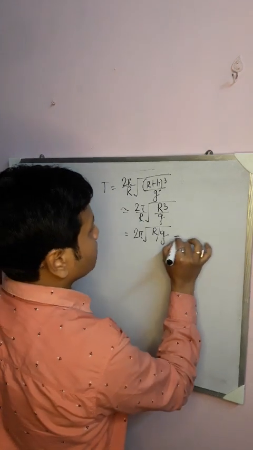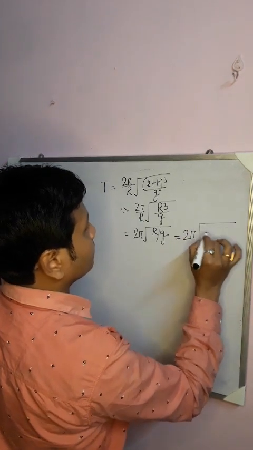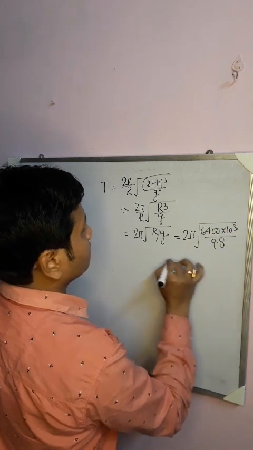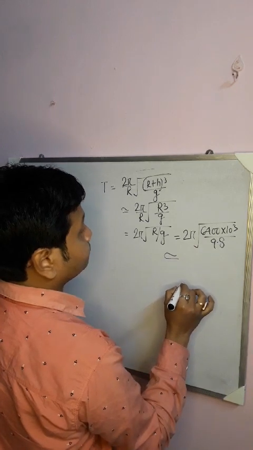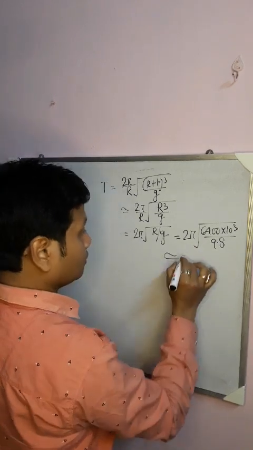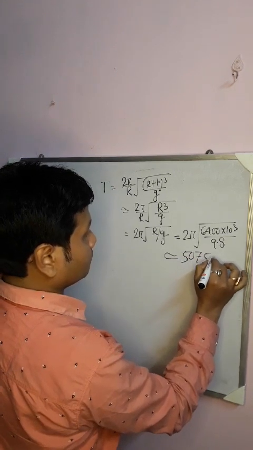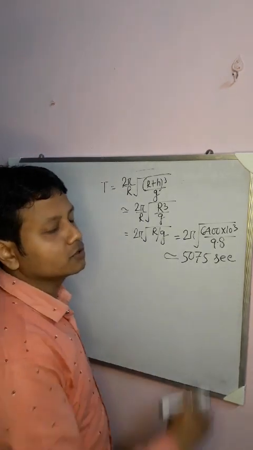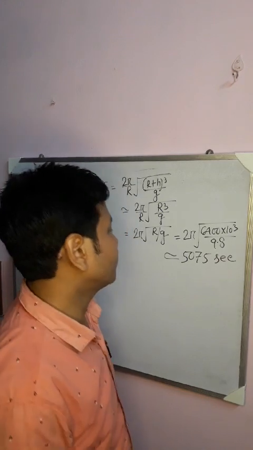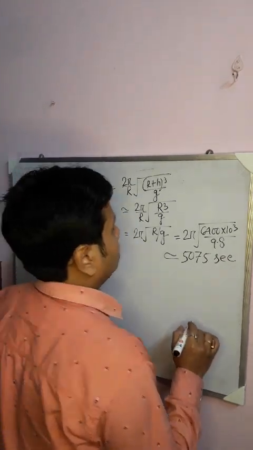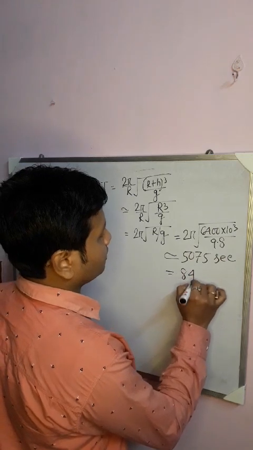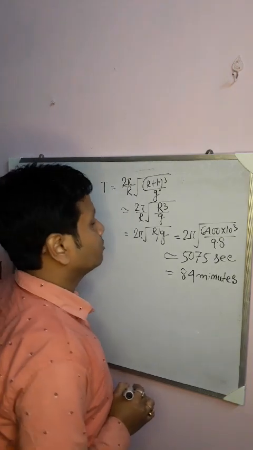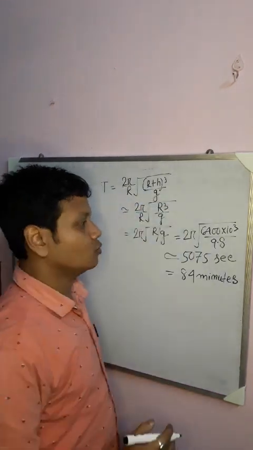If we substitute these values, R is 6400 into 10 cube and g is 9.8, so this is approximately equal to 5000 seconds, which is almost equal to approximately 84 minutes. So this is the expression of time period of revolution, provided that the satellite is very close to Earth's surface.